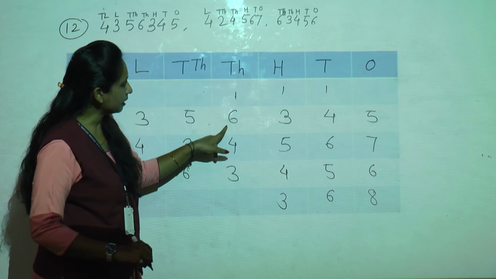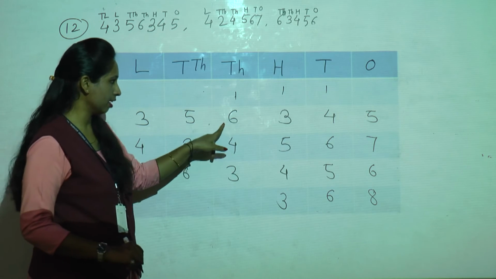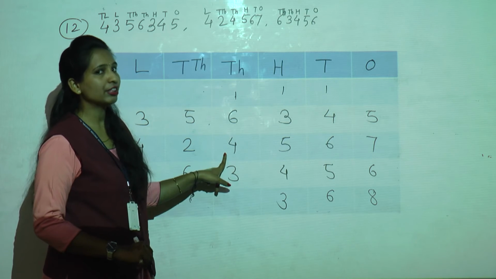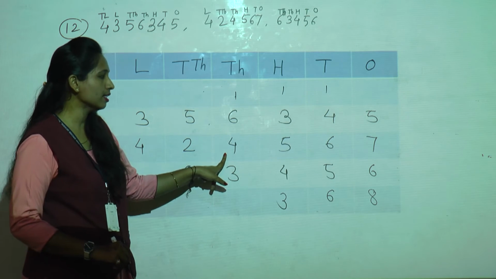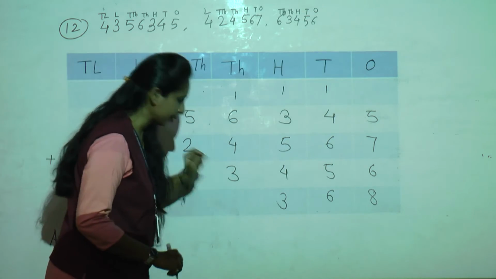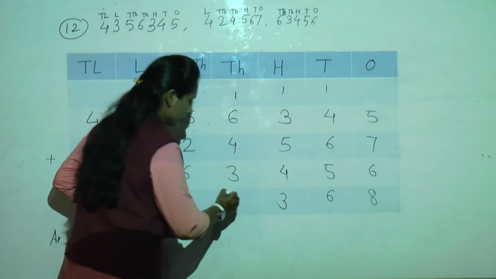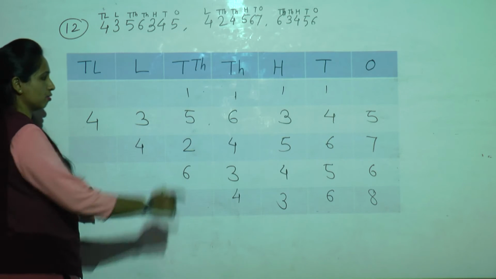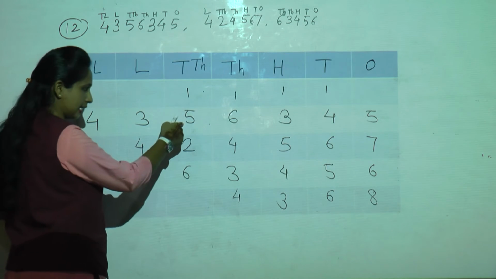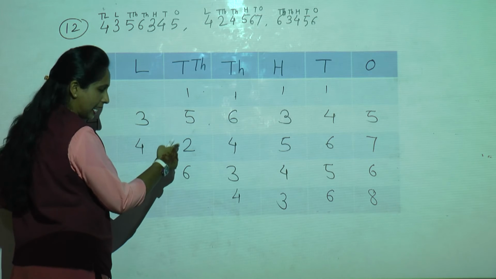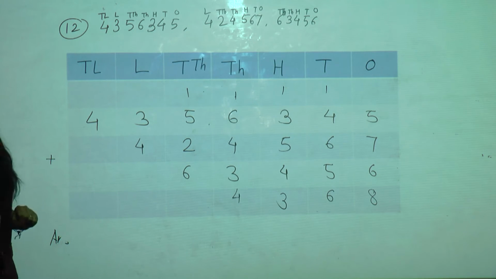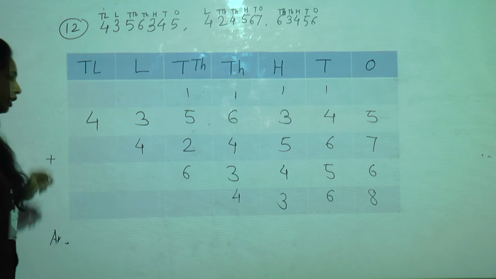Now 1 plus 6, 7. 7 plus 4, yes, 7 plus 4. Tell me students. 11. 11 plus 3, 14. So write 4 on the thousands place, 1 carry to the ten thousands place. 1 plus 5 is 6. 6 plus 2 is 8. 8 plus 6, 14.